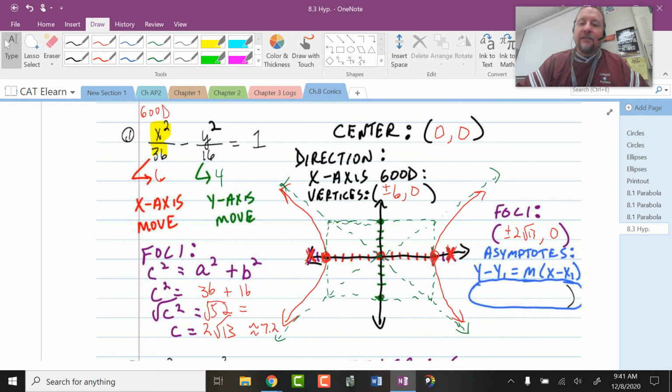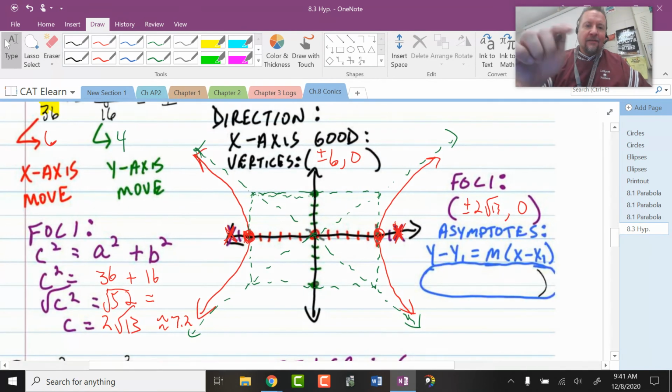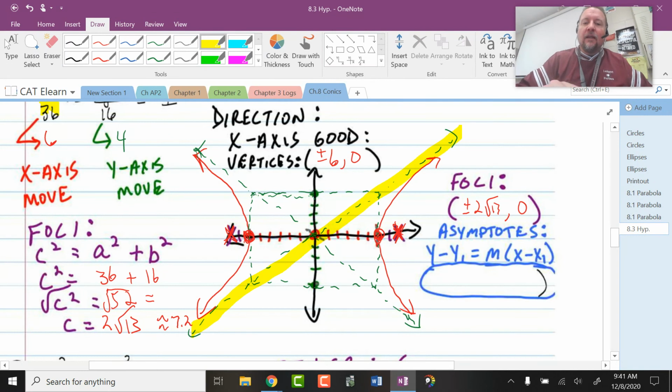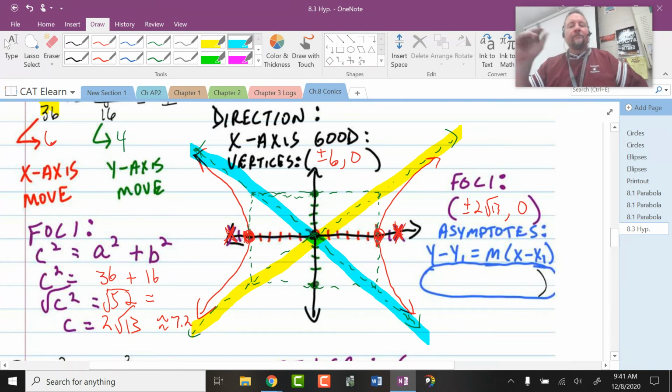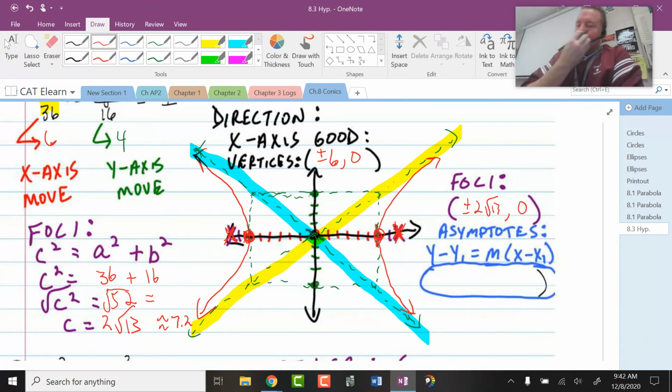Now we're going to do some asymptotes. Natalie, now that we're looking at this, I made this a grade school question. What does that line and that line both cross? What do they have in common? Where do they intersect? Or a better way of saying it, what's their y-intercept?